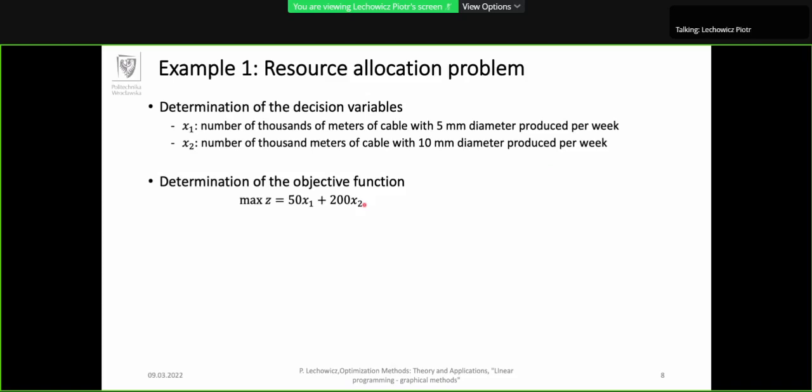It will only change the value of the profit, but it's still the optimal function. So it doesn't matter in terms of solving the problem whether we consider that these are thousands of meters or just meters, and if we multiply the profit by these thousands of meters, because it's a linear function.